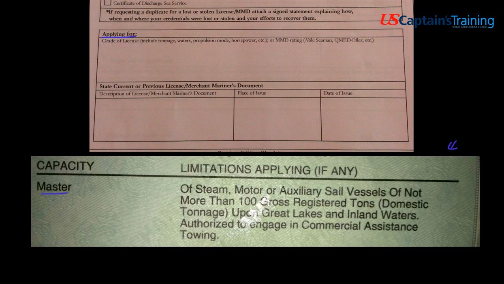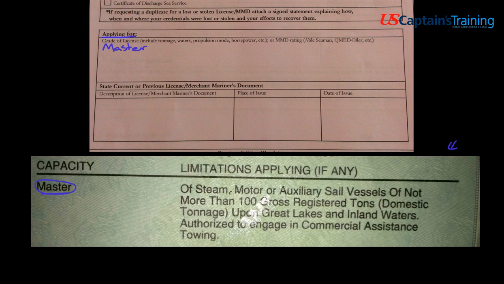If it's not a master's, it's an OUPV, or an operator of an uninspected passenger vessel. That's what OUPV stands for. So here is master's. So hopefully everyone's applying for a master's license. And then the grade of license, right here we say master.